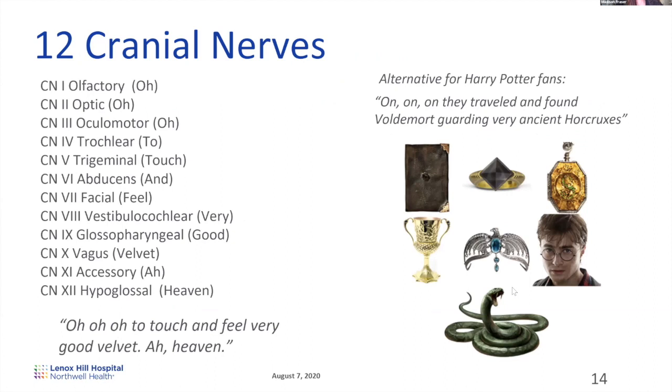So like I said, there are 12. They all have fancy names, and sometimes you'll see them named differently, or people will just refer to them by their numbers, such as cranial nerve 1 or cranial nerve 2. One good way to remember them is a mnemonic. There's a more inappropriate mnemonic that people use sometimes, but the way we learned it in medical school is this simpler one: oh, oh, oh, to touch and feel very good velvet, ah, heaven.